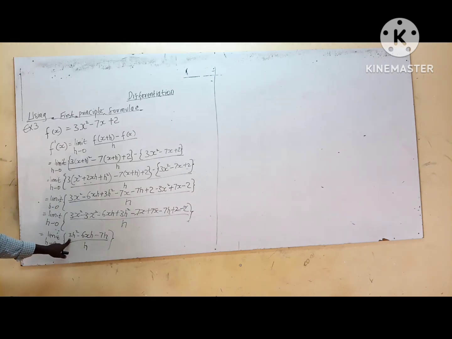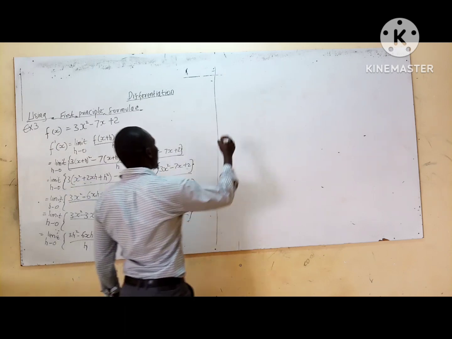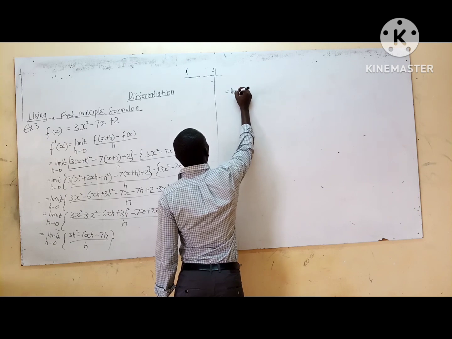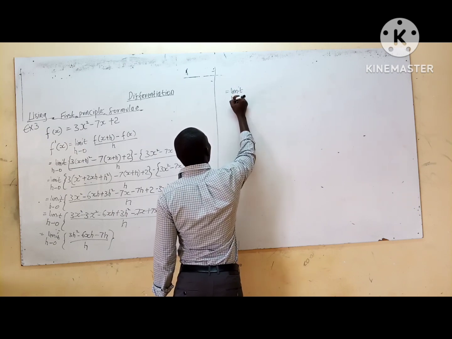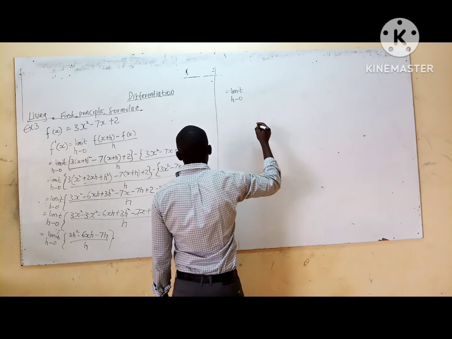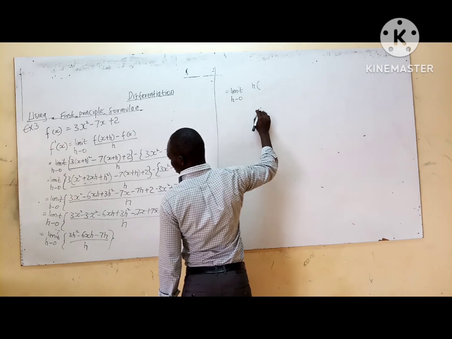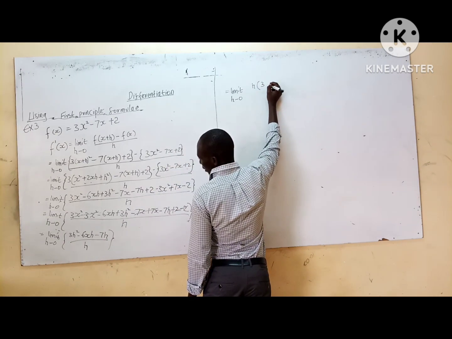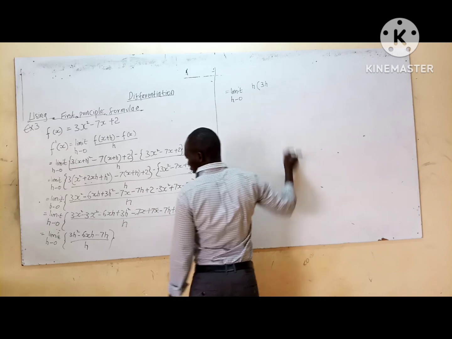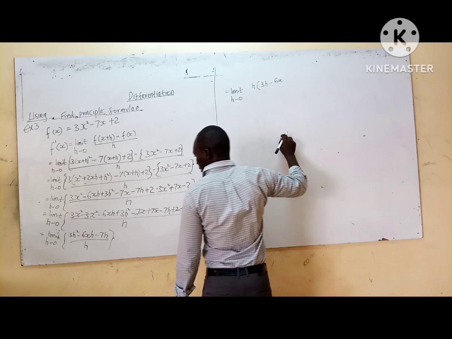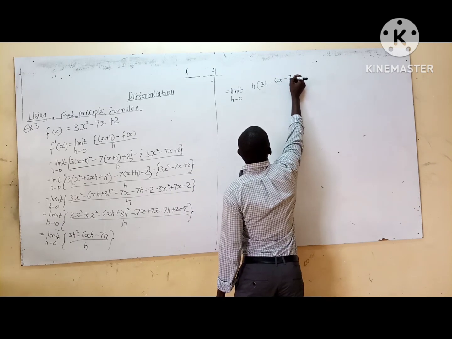When you check on the numerator, we have a common term of h here, and h here. To mean we are going now to have limit h approaching 0, h into, on the numerator we are going to have 3h because it is squared minus 6x minus 7.